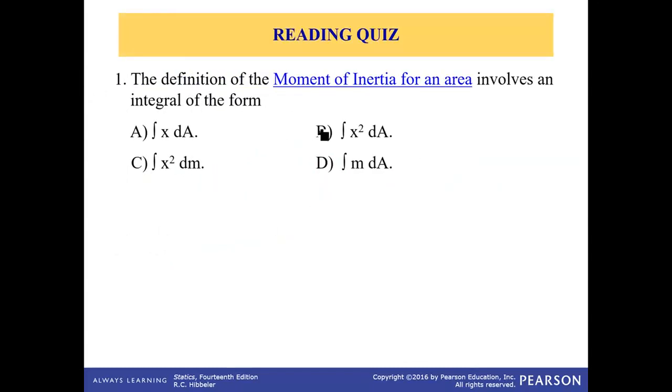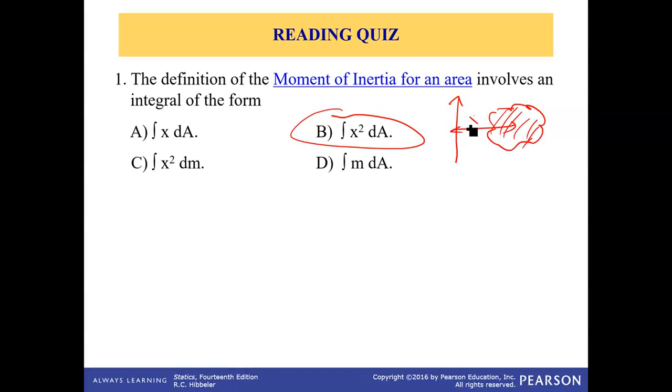The definition of area moment of inertia involves an integral of the form, integral x squared dA. Moment of inertia is always defined with respect to an axis. Let's say we have a simple shape located at distance x from the vertical line, and we would like to calculate the area moment of inertia of this shape about this vertical line.